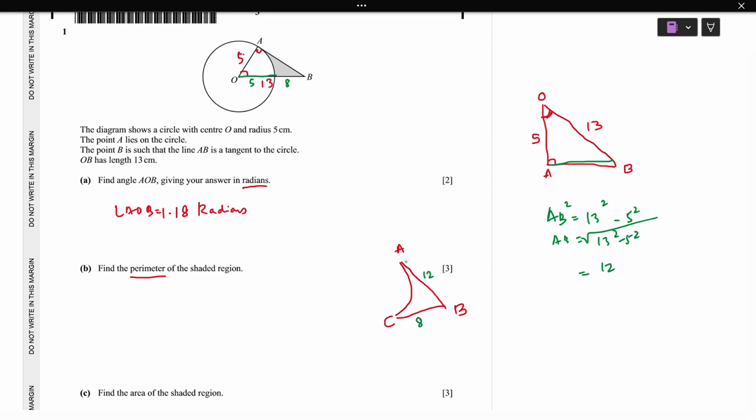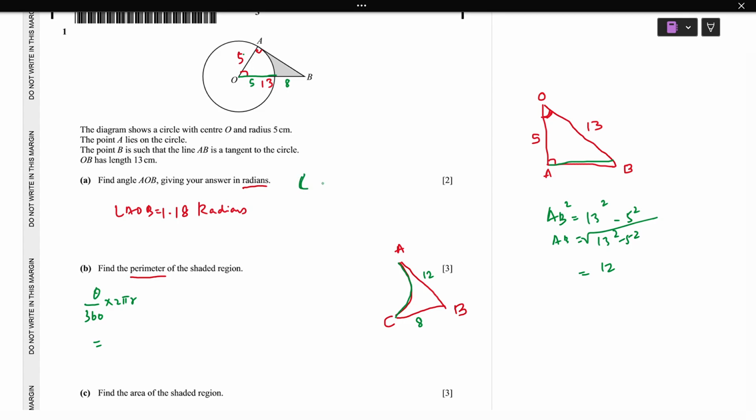Now we need to find only this arc length. The arc length formula we know is theta by 360 times 2 pi r. We already found the angle here, but I erased the degree answer.